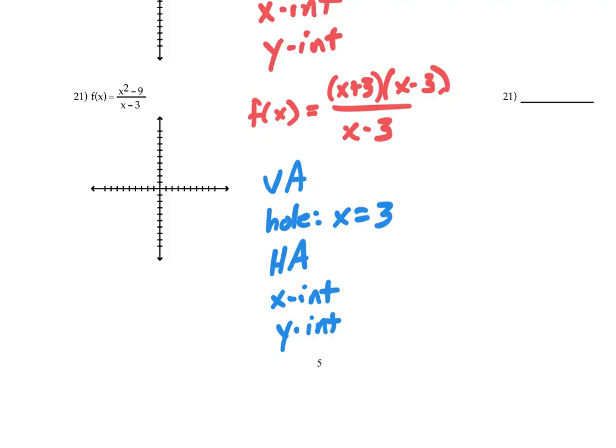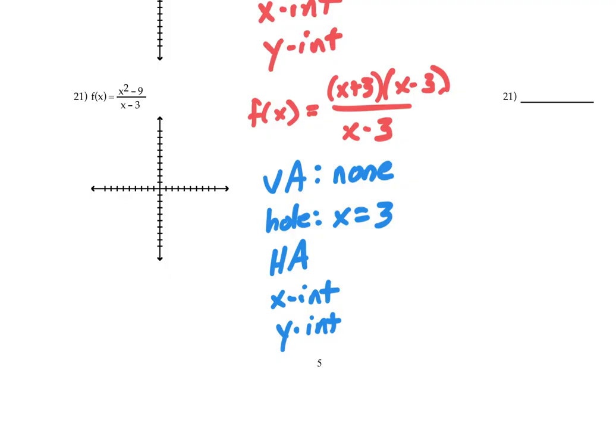We don't see this very often, but this one does not have any vertical asymptotes, because the only thing we have on the bottom is x minus 3, and it's a hole, so it can't be a vertical asymptote. Okay, it's one or the other. So that's a little bit different.